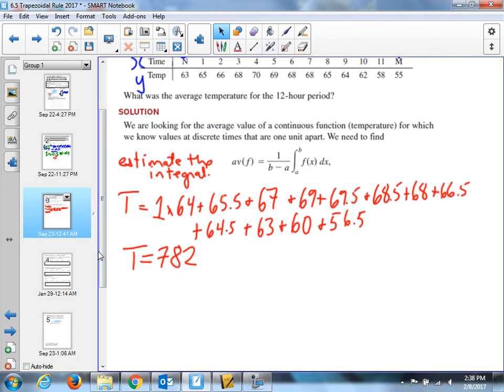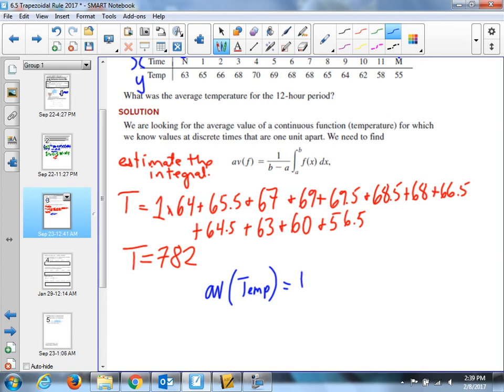My average of this function, the average temperature. So I'll say the average of the temp. This is confusing. I was going to use T, but I used T for trapezoid approximation. Is equal to 1 over B minus A. In my case this time, B minus A is 12 minus 0, right? From noon to midnight, 0 to 12.